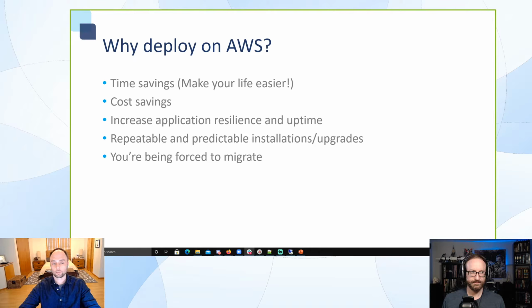Sure. Yeah, so you can see the bulleted list here that we'll go through. Right off the bat, there's time savings. Everyone wants to make their life easier. No one has enough time for anything these days, so you want to try to get some of that back.